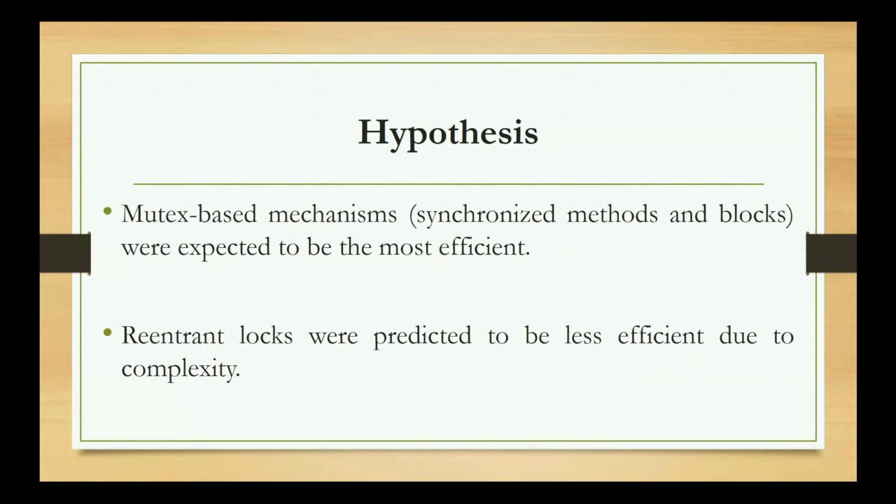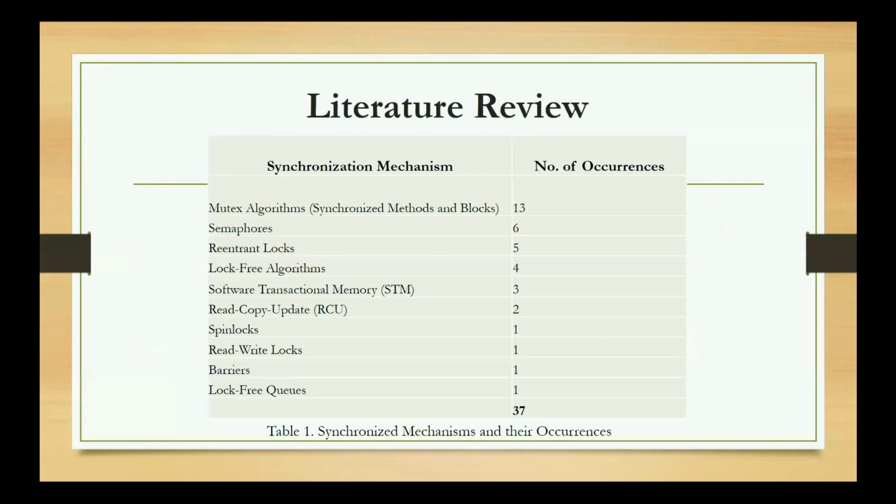It is worthy of note that synchronized methods and synchronized blocks are mutex-based mechanisms. As a result, we hypothesize that reentrant locks would be less efficient since they weren't as widely used as the rest.